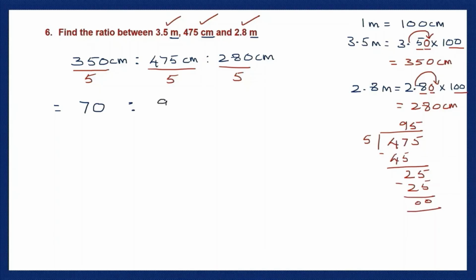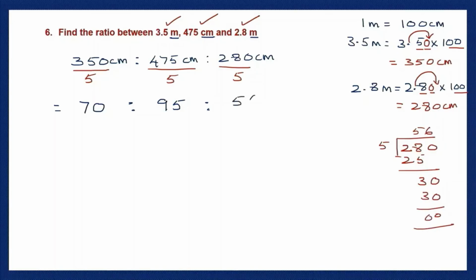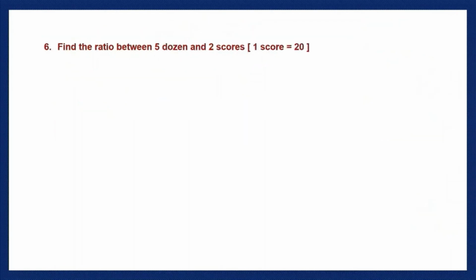So 70 is to 95 is to, let's take the third number, 280 divided by 5. I have 28. 5 fives are 25, minus 8 minus 5 is 3. I bring down 0. 5 sixes are 30. So now I have 56. My third number is 56. So this is my final answer. I have found the ratio between the three numbers, which is 70 is to 95 is to 56.